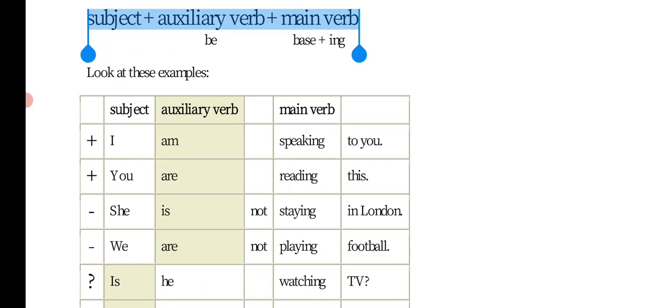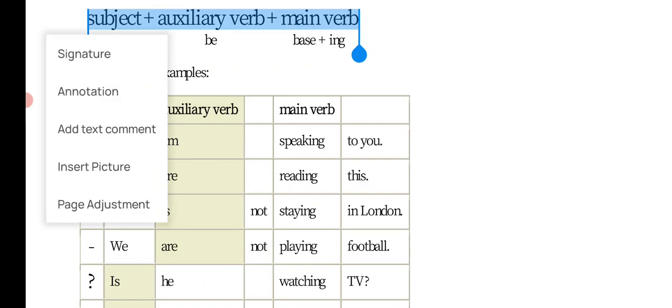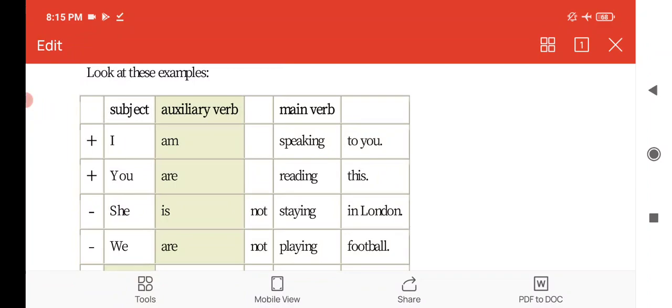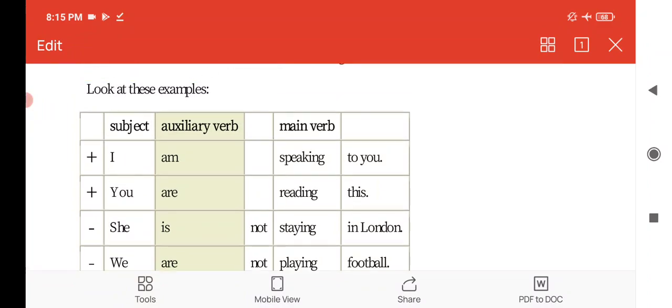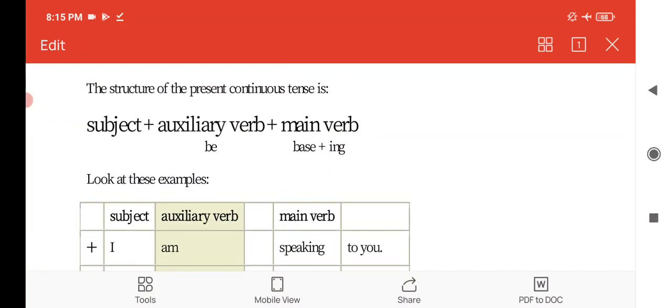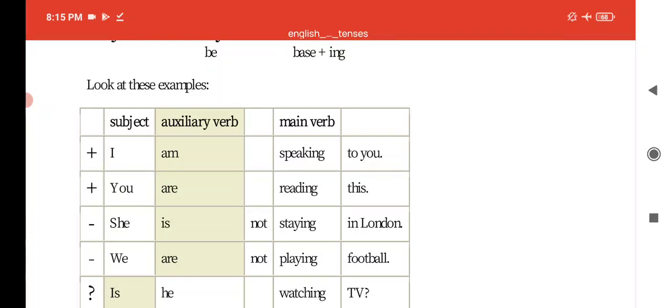It shows us that the action is continuous. It is happening at the time of speaking. For example, you are reading this. The verb is read, and we have the ing form: you are reading. So what is the structure? Subject plus auxiliary verb plus main verb plus ing plus object.